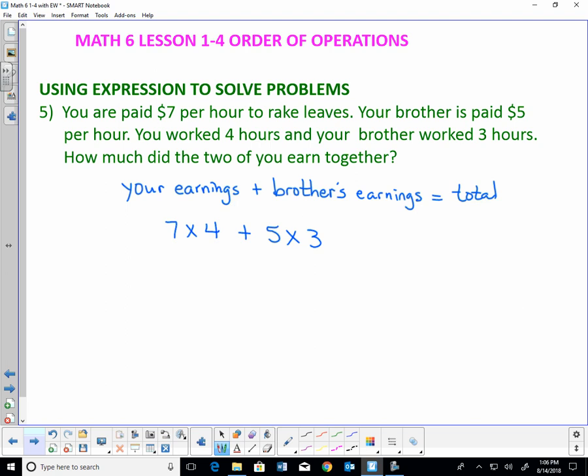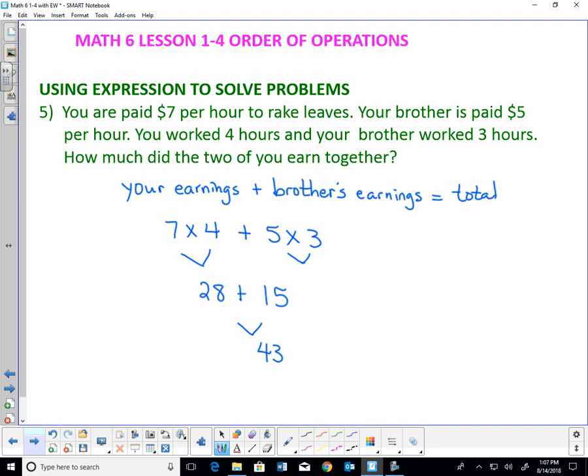So order of operations says I need to do 7 times 4, which is 28, 5 times 3, which is 15. So now I need 28 plus 15. 28 and 15 is 43. You both earned together $43. Since this happens to be a word problem, we need to write it in a complete sentence, making sure we label everything.